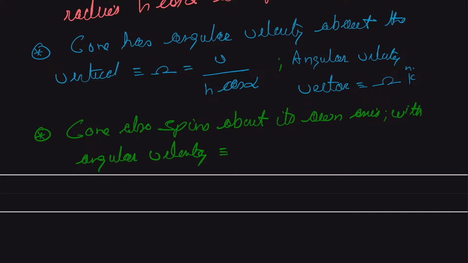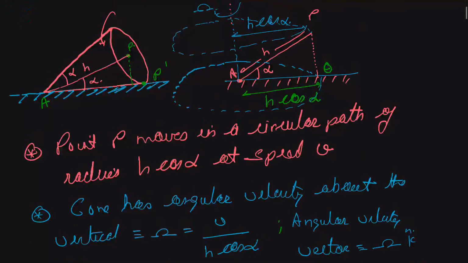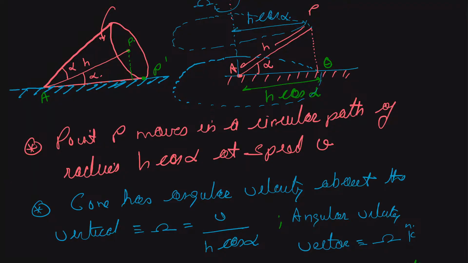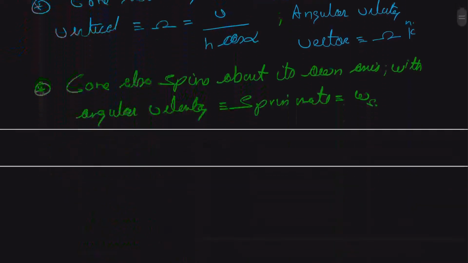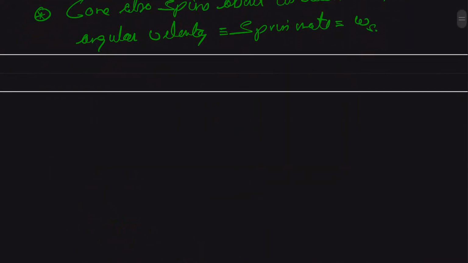So we can call this the spin rate and denote it as omega s. So it is moving and we have our omega s. And let me redraw this cone.